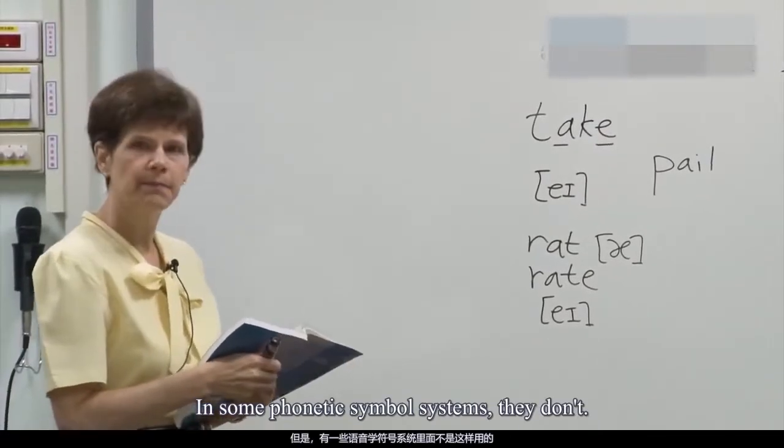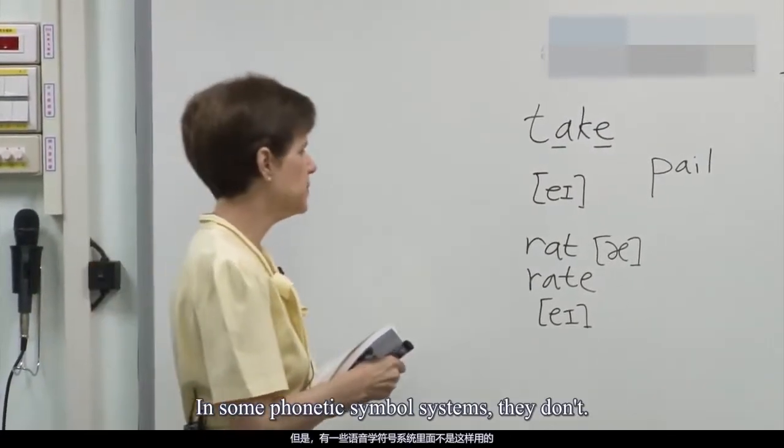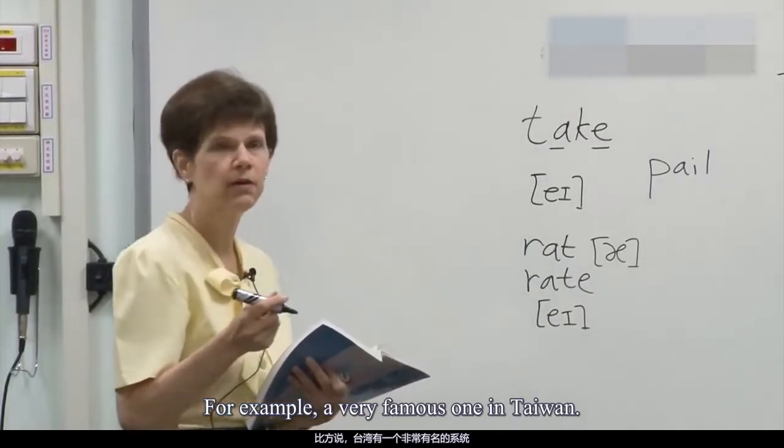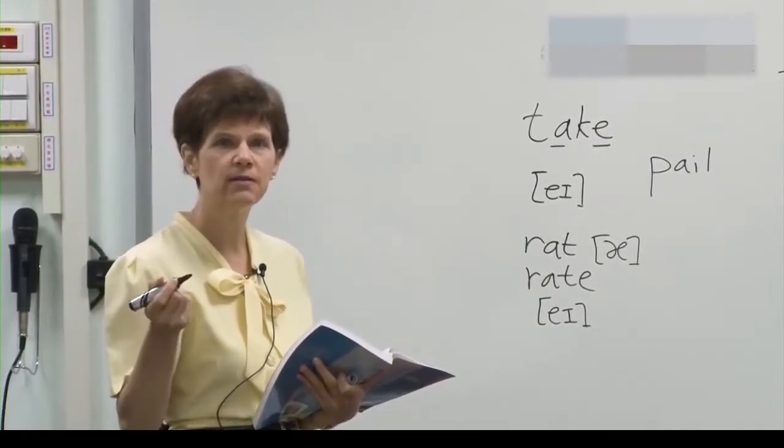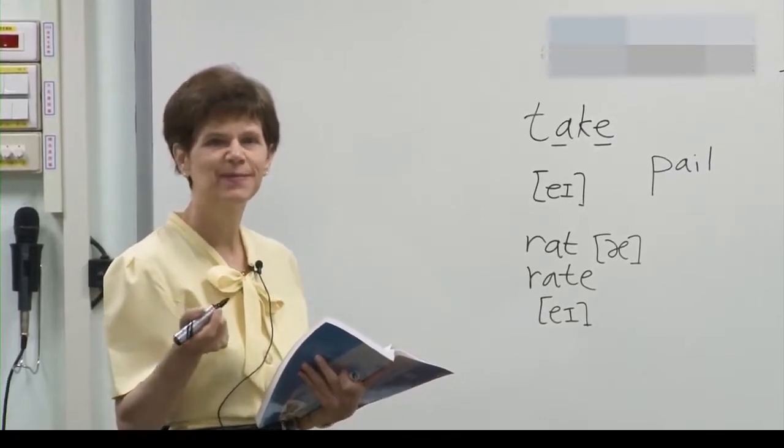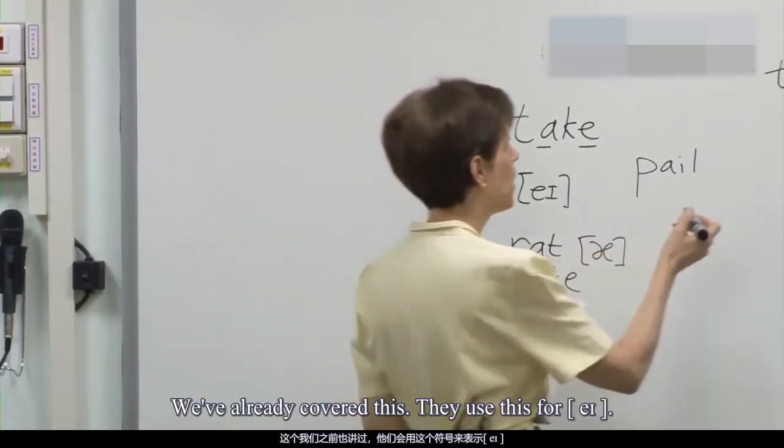In some phonetic symbol systems, they don't. For example, a very famous one in Taiwan, they only use one symbol for the A sound. Which system is that? KK, right. We've already covered this.